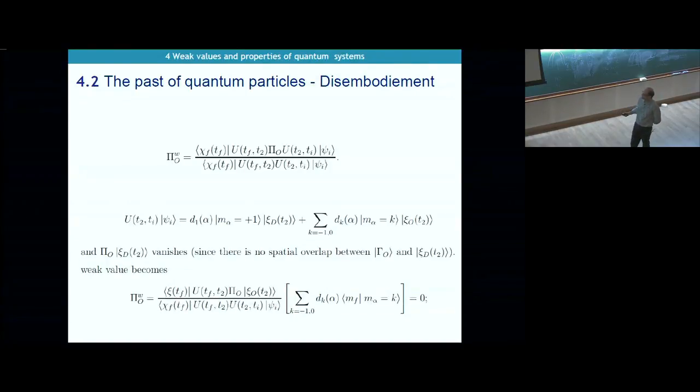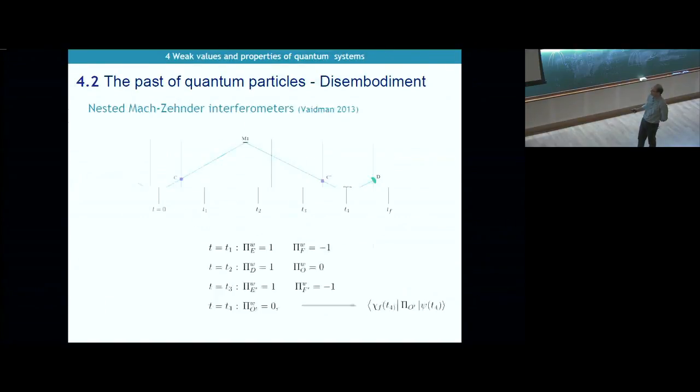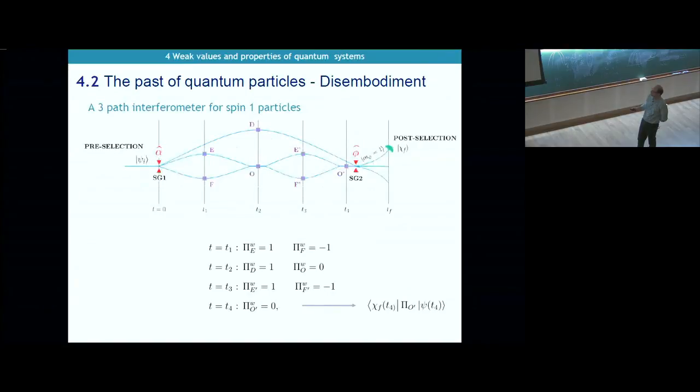So if you apply the evolution operator to the initial state, you get this, so D was on the upper path, and then I'm going to time T2, so I'm here.